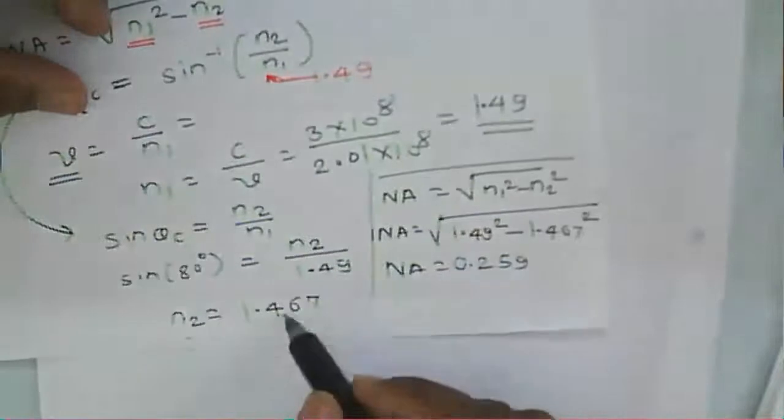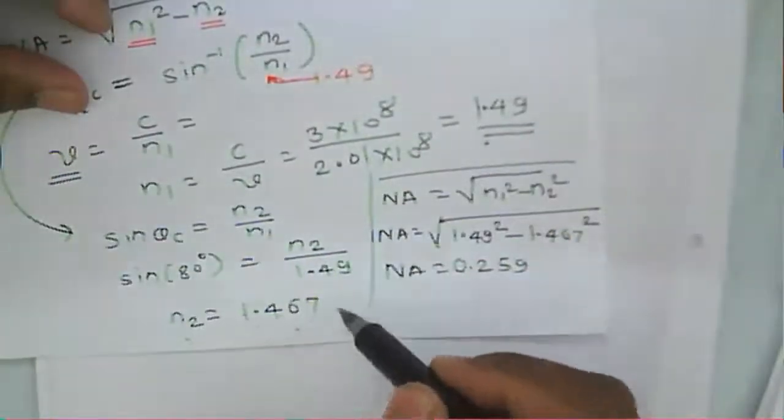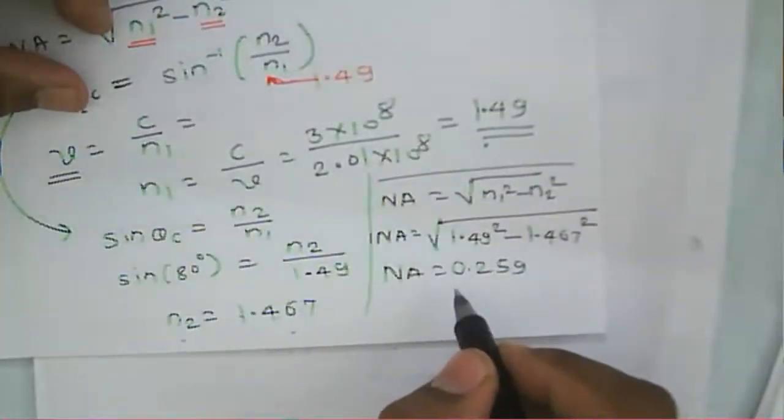These are the n1 and n2 values, and if you put them in, you get the numerical aperture.